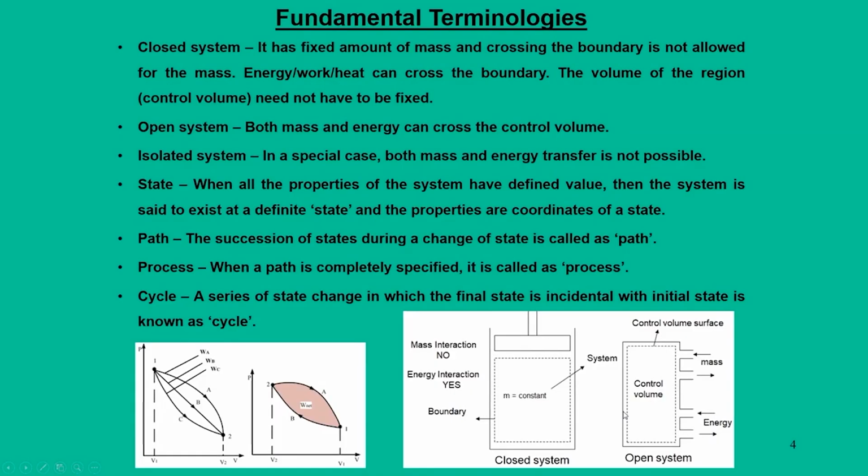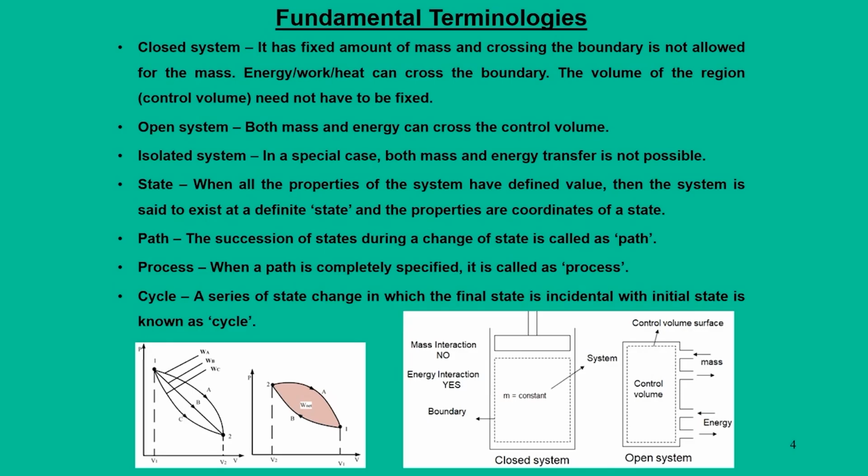In a closed system, we can say that there is a fixed amount of mass concentrated in the system, and this mass can be compressed or expanded within its own system.